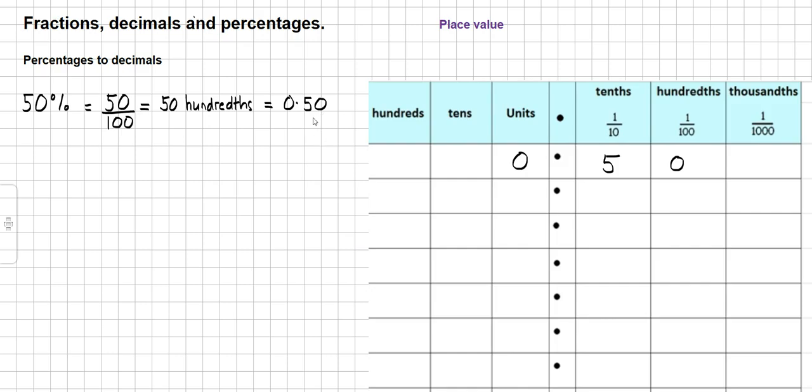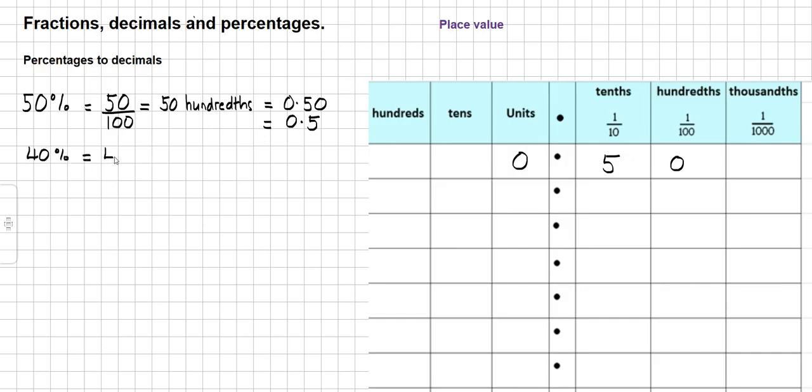In video 1, we looked at zeros and how a 0 on the end of a decimal does not have an impact on that value. So we could also write that as 0.5. So 50% becomes 0.5.